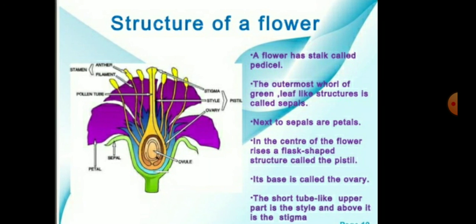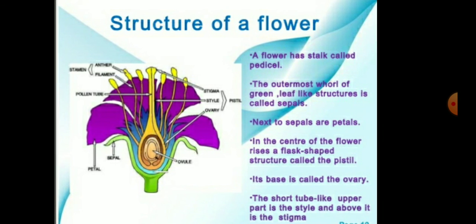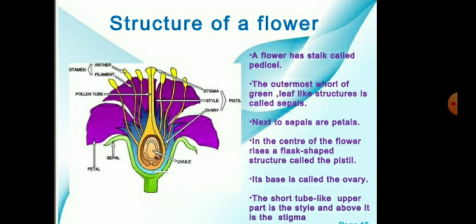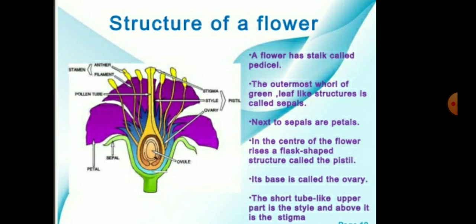The outermost green leaf-like structure is called the sepals. And next to the sepals there are colorful leaves present. In some flowers it is red in color like rose; in some other plants it is yellow or purple in color. So these are the petals.